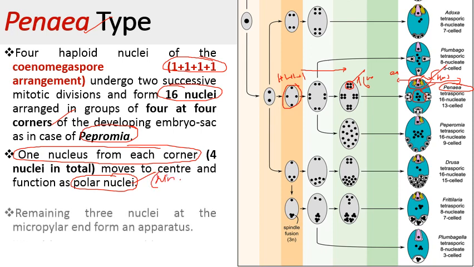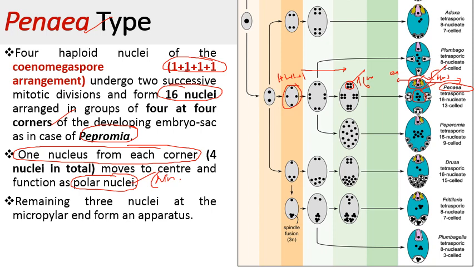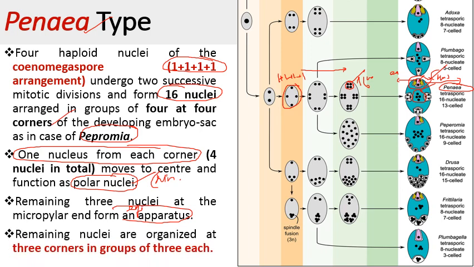So this is the difference, and the remaining 3 nuclei at the micropylar end form the egg apparatus, and the remaining nuclei are organized at 3 corners in groups of 3 each. So this structure in Penaea is a 16 nucleated, 13 celled structure: 3 cells at 4 corners, that is 12, and 1 at the center, the central cell, so it is 13.